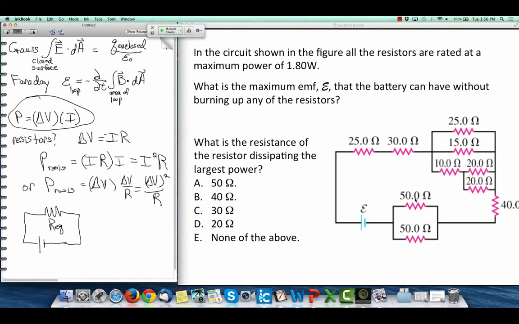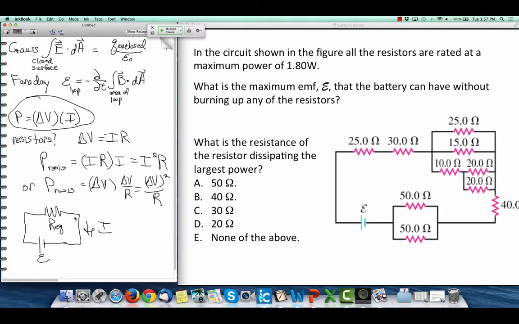Turns out it's 25 ohms. Then you have 1, 2, 3, 4, 5 in series at the end, which you can just add together and give you one big equivalent resistance, and the current you can get from E over R. So delta V around the loop is E minus IR, is 0.